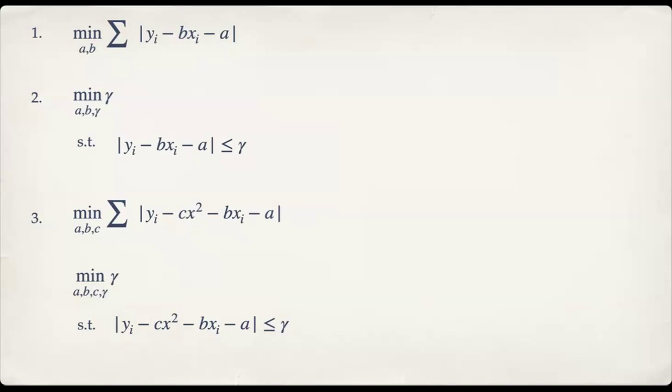And we try to minimize this gamma. We have the variables a, b, and gamma, and the absolute value of each deviation must be less than this gamma. These are the ways we formulate the first problem and the second problem.